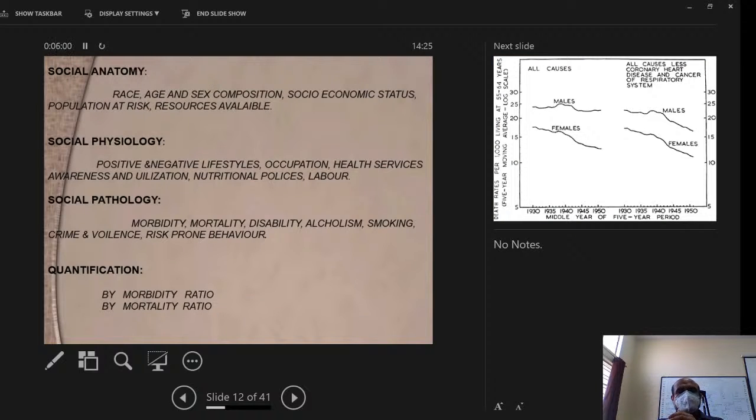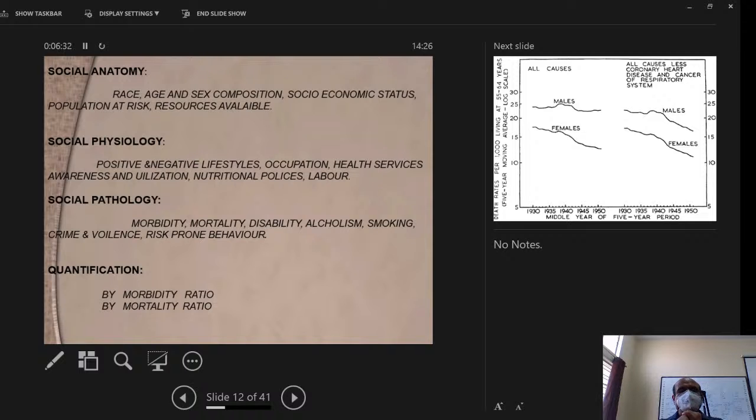Now coming to social anatomy, it deals with race, age, sex, composition, socio-economic status, population risk, and resources available. Social physiology deals with positive and negative lifestyle, occupation, health services, awareness and utilization, nutritional policies, and labor of the community.